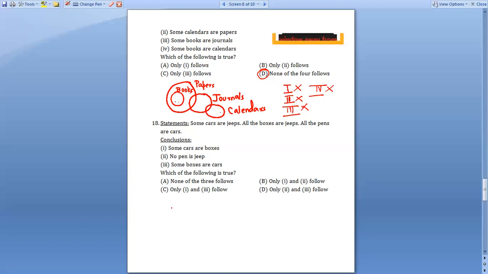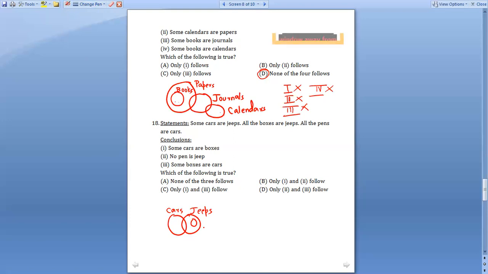Some cars are jeeps. Draw cars and jeeps as overlapping circles. All the boxes are jeeps. You should not touch the set of cars. Make sure that you're not going to touch the set of cars.